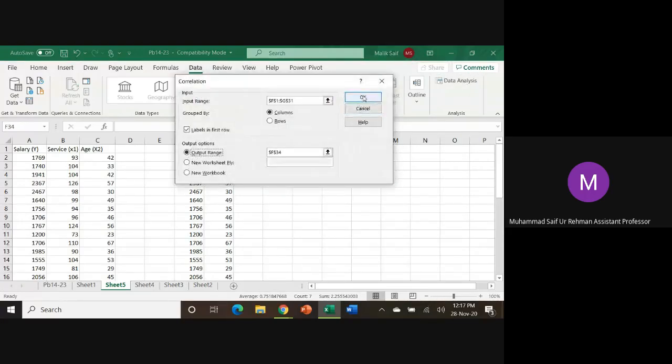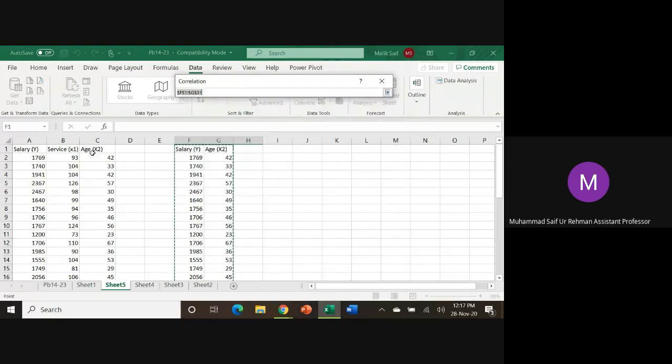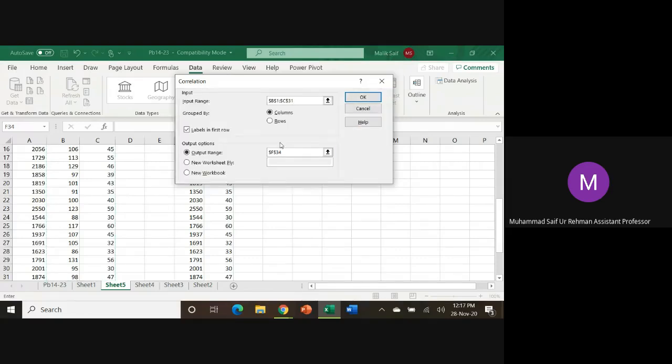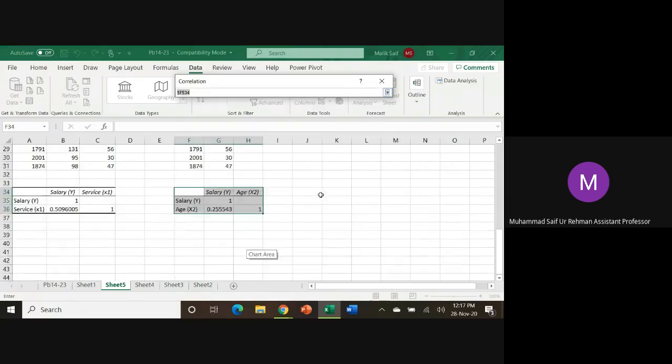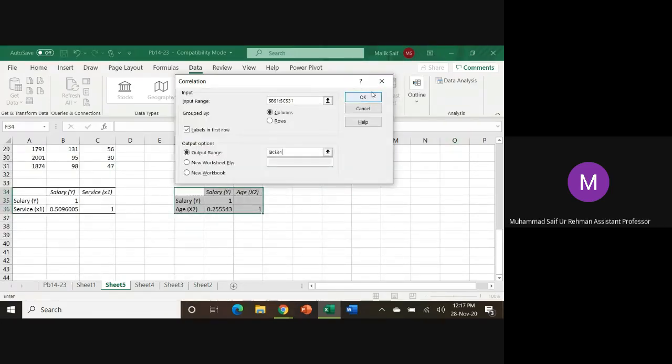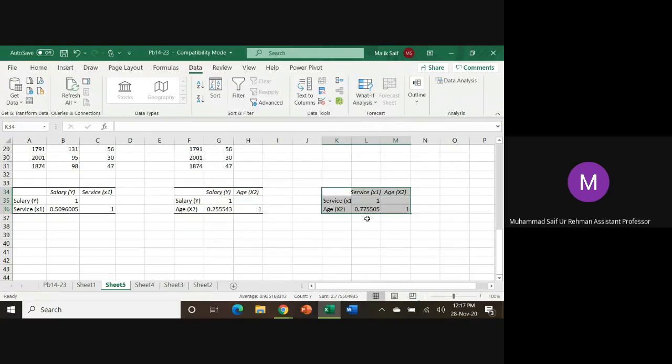Okay, x1 and x2. So I'm going to give the range. Where I want to have the output, over here. This is the situation. Fine. What is this?